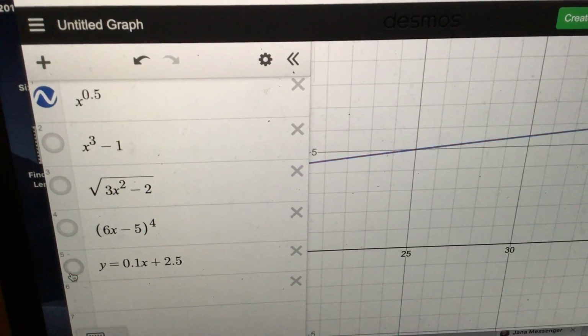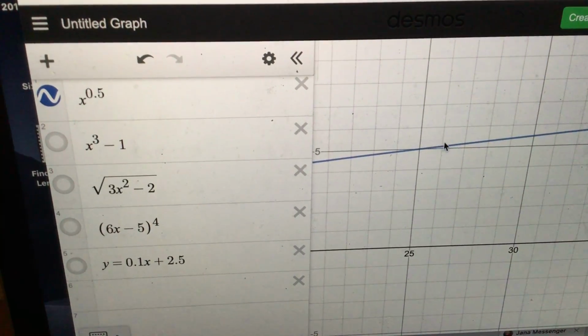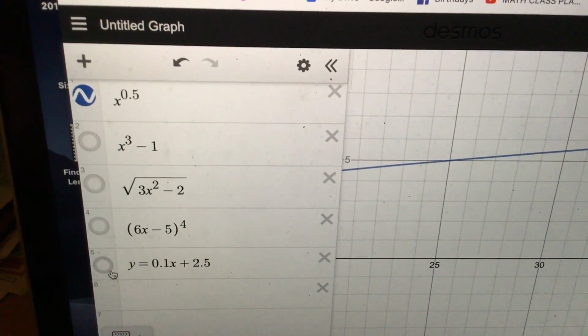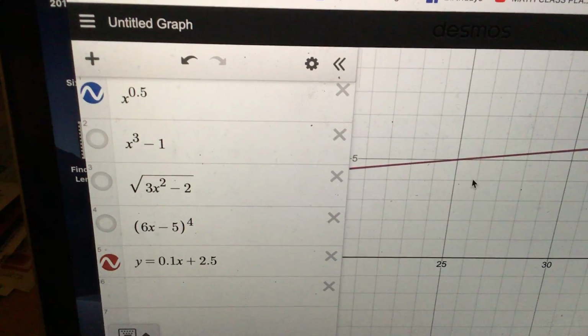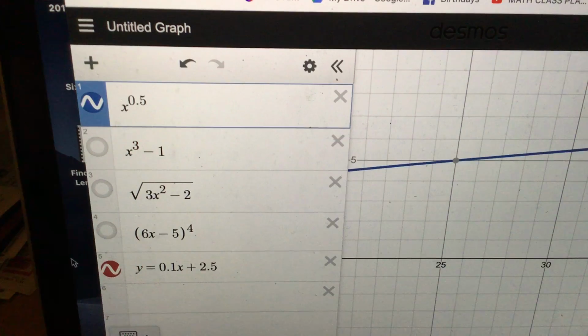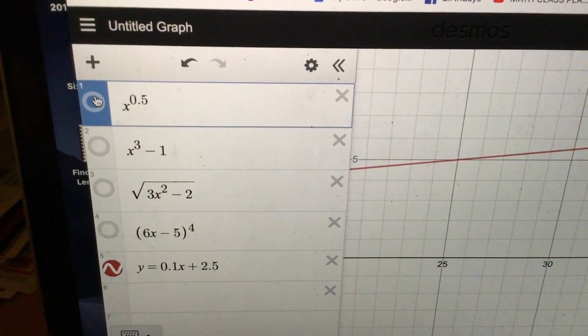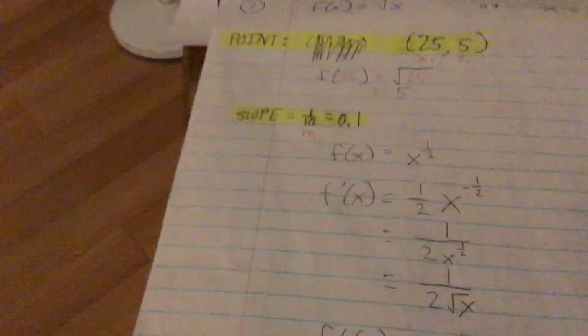If I erase this red line, this curve starts to flatten out, getting a flatter and flatter slope. And that is the equation of the tangent line. Moving on to problem number 3 now.